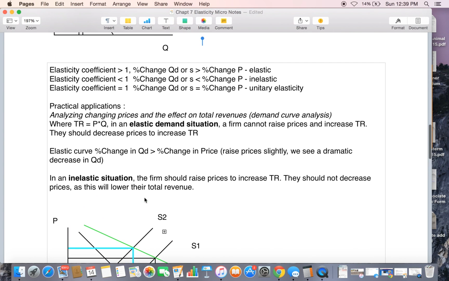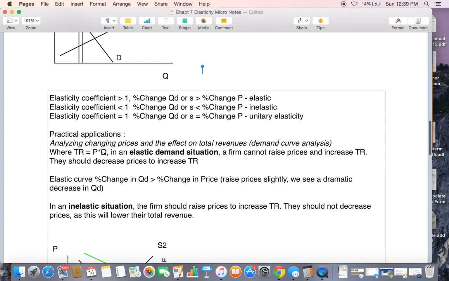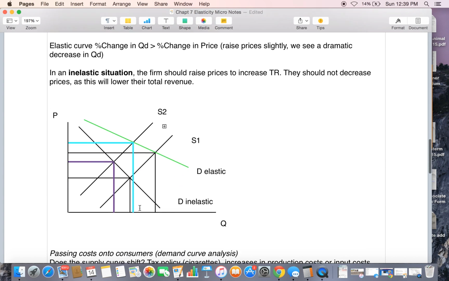So those two impacts are very important. We want to know a little bit about elasticity to understand whether the firm can increase prices and earn more revenue. They cannot in an elastic situation. They should actually lower prices to increase total revenue. In an inelastic situation, they should raise prices to increase total revenue.